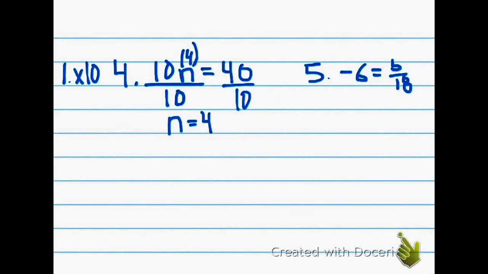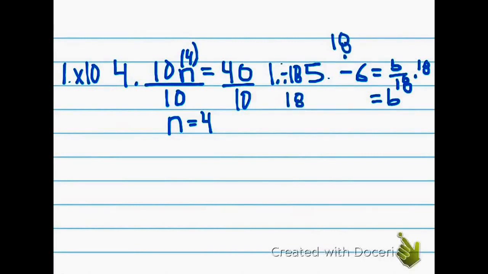Number 5 looks a little bit weird, but if you write out the steps, it will become easier. So this means that it's being divided. So I could write divided by 18. So instead of dividing by 18, you multiply by 18. So times 18, and then you could just write equals b, and then you have to multiply by 18 on the other side.